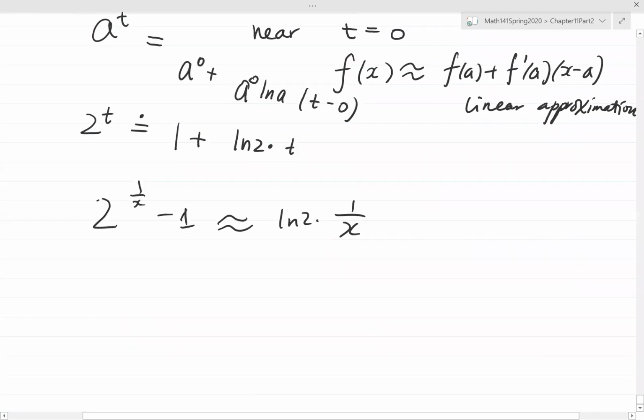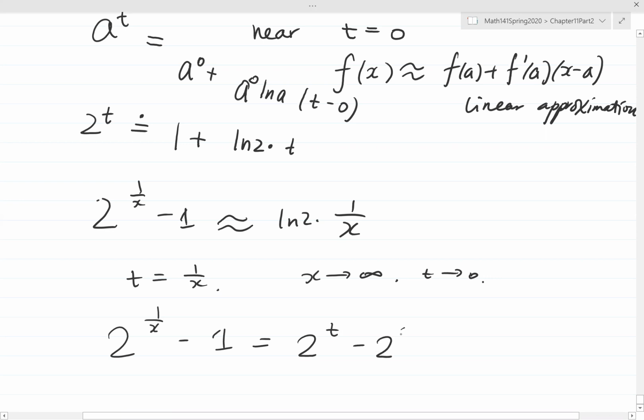For instance, let t be 1 over x. As x approaches infinity, t approaches 0. So 2 to the power 1 over x minus 1 is 2 to the power t minus 2 to the power 0.